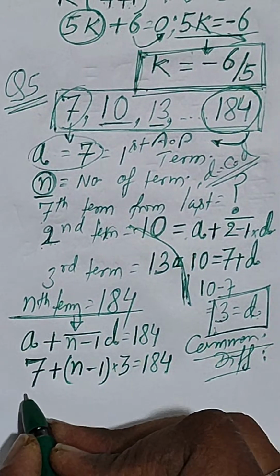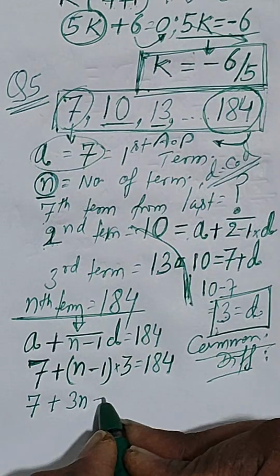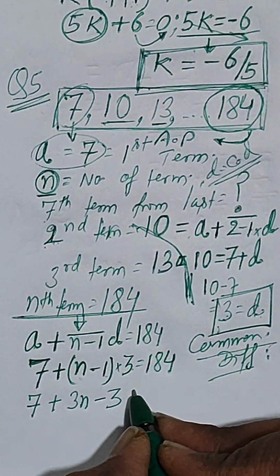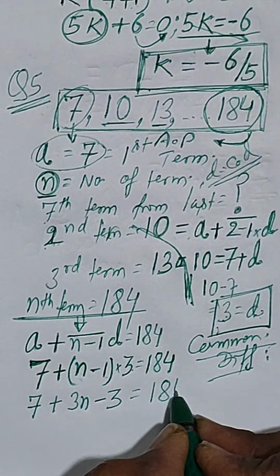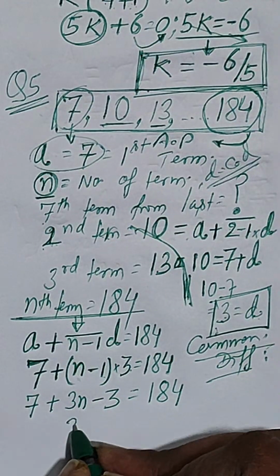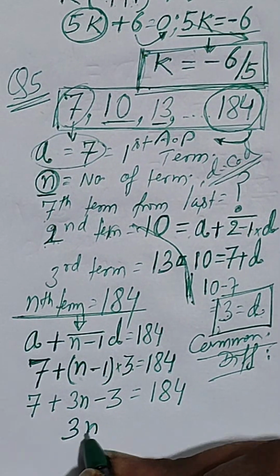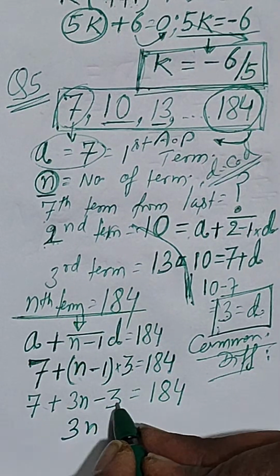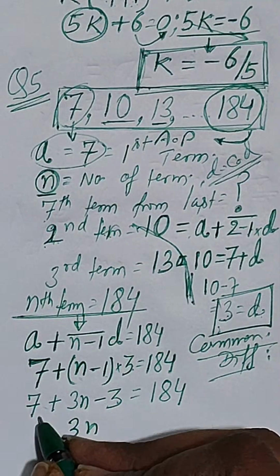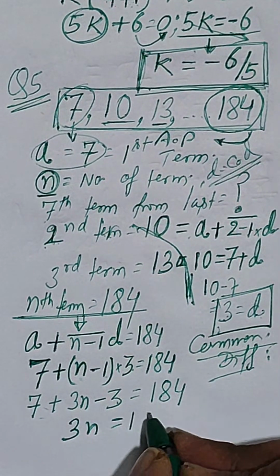So what we will do, just expand the LHS. 7 plus 3n minus 3, 3 will multiply both terms, is equal to 184. Arrange the like terms together. n is only one term of its type, and 7 minus 3 is 4. 4 going to the RHS becomes 180.